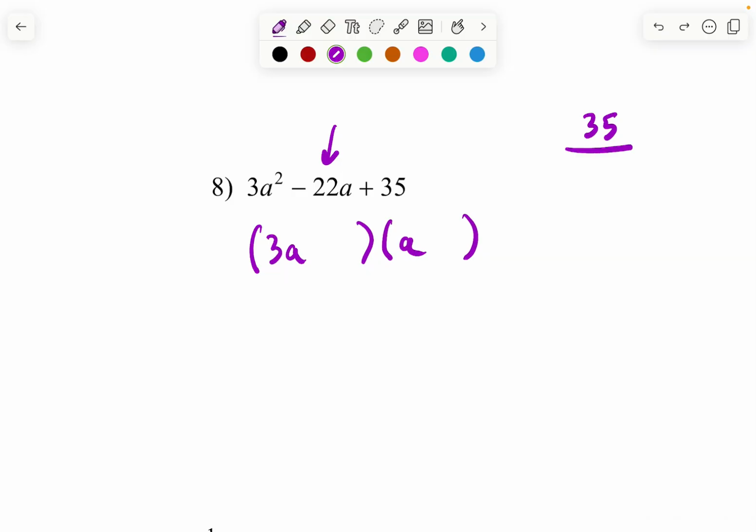So what we've got to do is guess and check, because that 3 makes it troublesome. Okay, so we've got to get some values. 1 and 35, I don't think that's going to do the trick. So let's try another one. 5 and 7. Let's try these. These seem a little more reasonable. We can go back to the others in a moment. And remember, we've got to get ones that add to negative 22.